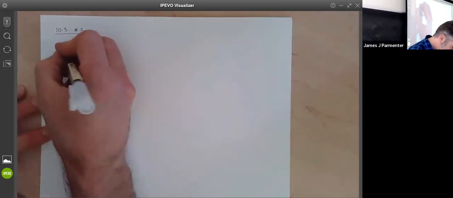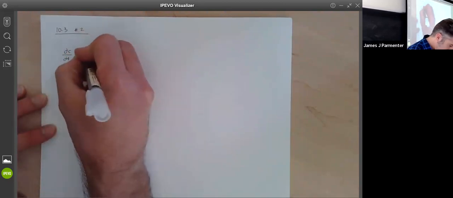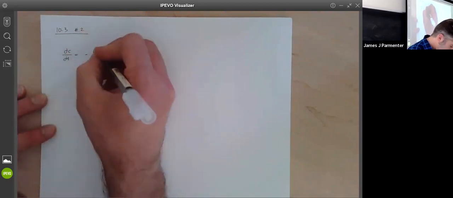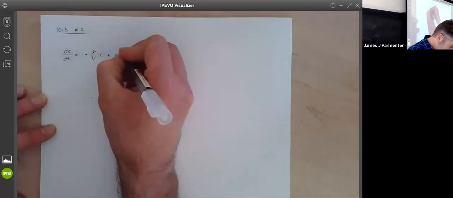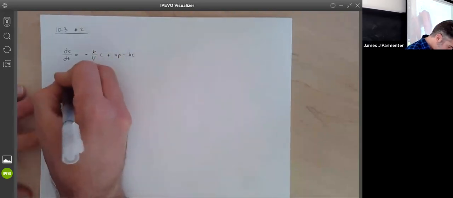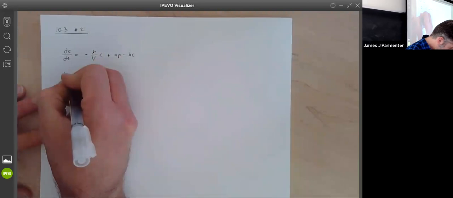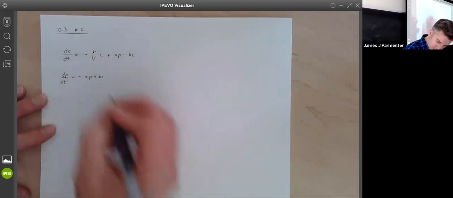So we have dC/dt equal to negative k over v times C plus AP minus BC. And then we also have dP/dt equal to negative AP plus BC.